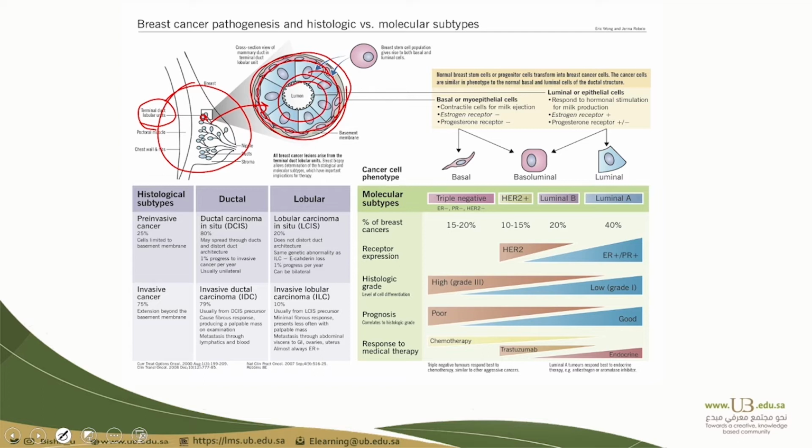Also between these cells, if you look under the microscope, you may find one of the progenitor cells. Cancer can originate from any of these cells, so any of these cells can have malignant changes.